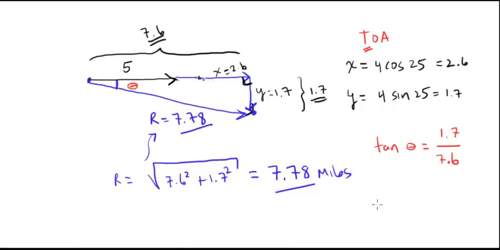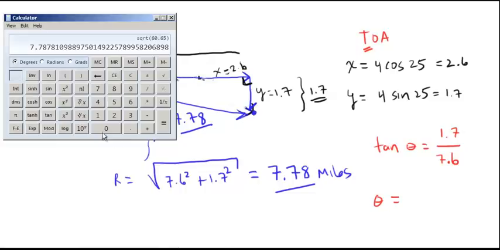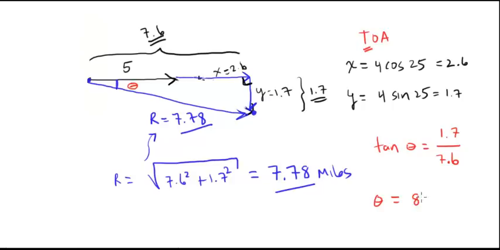And so now I can say theta is going to be the arctangent. I'm going to do 1.7 divided by 7.6, and then I have to take the inverse tangent, the arctangent of that, and I get that that's an 82.5 degree angle. So this is 82.5 degrees.